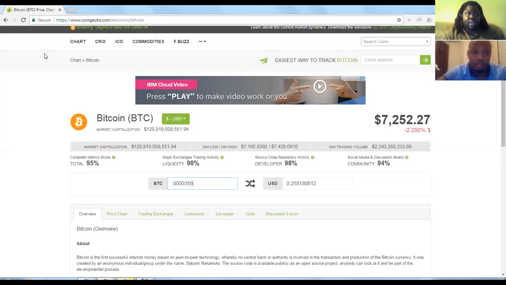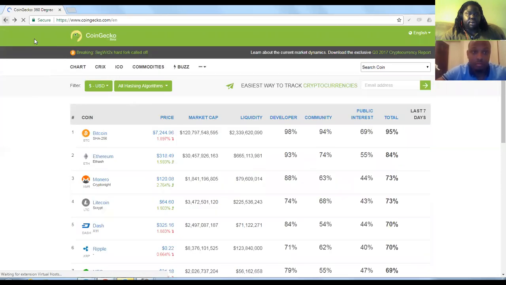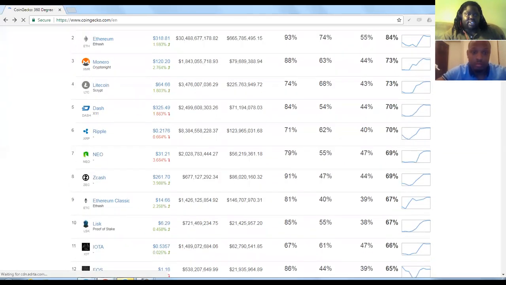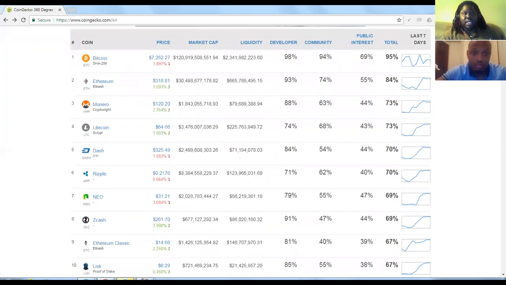And so this site here, CoinGecko, is an excellent resource that allows you to instantly go on there and convert different coins into their Satoshi value. And as you see here, it does have multiple coins. So sometimes you need to figure out how much $500 worth of Ethereum is, for example.